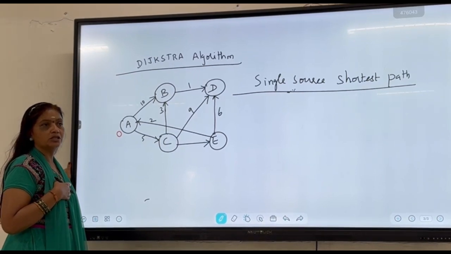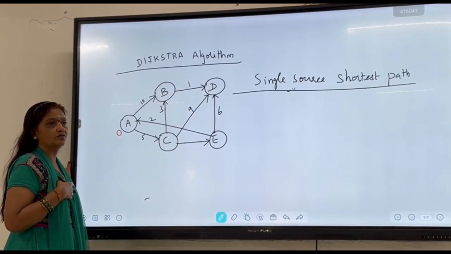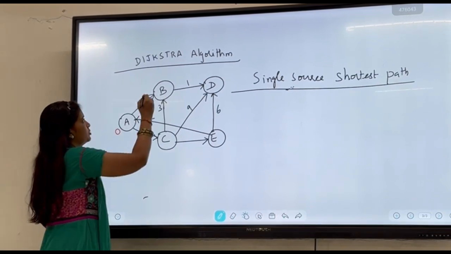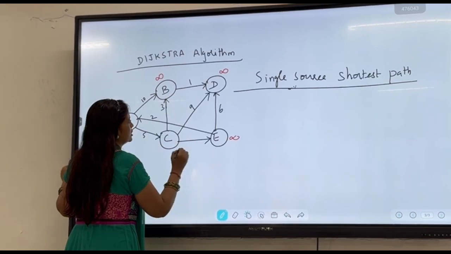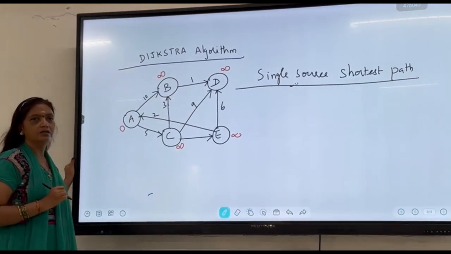So A to B, I don't know the distance, the shortest path also I don't know. So for each and every other node in the graph, I am going to keep the shortest path as infinity.